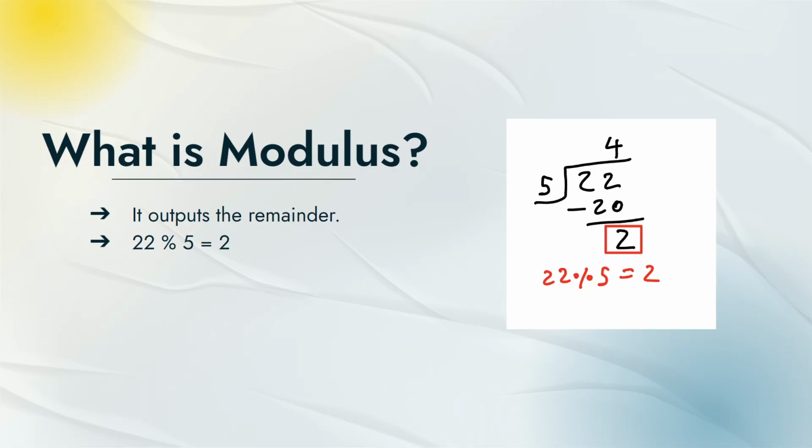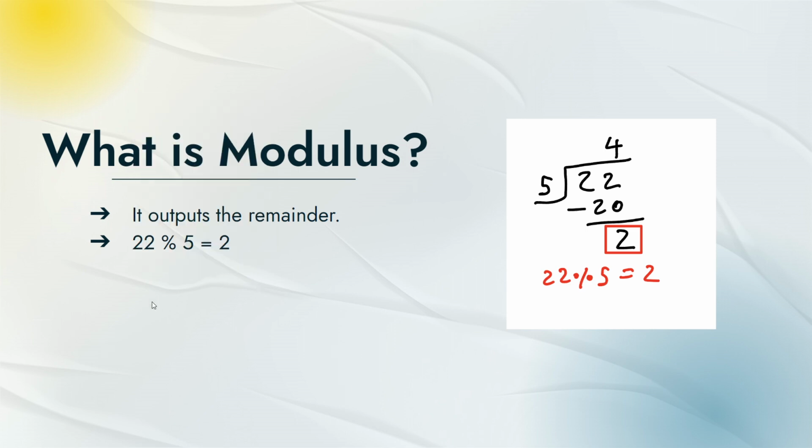Now, what is modulus? You probably know what addition, subtraction, multiplication, and division is, but you may not be familiar with modulus. However, modulus is very commonly used in programming. What it does, it outputs the remainder. So 22 % 5 equals 2.